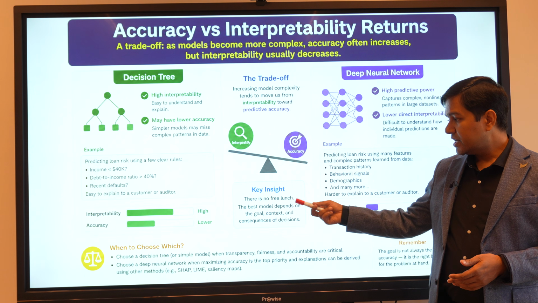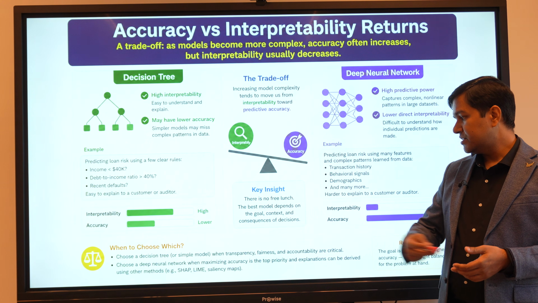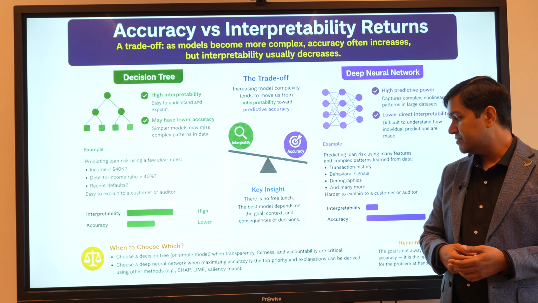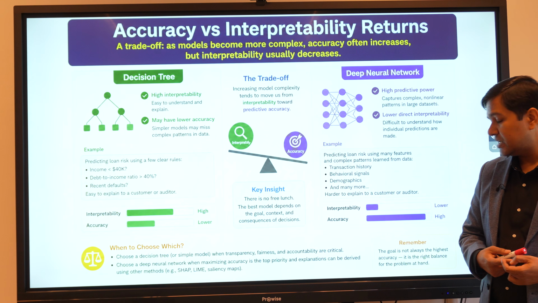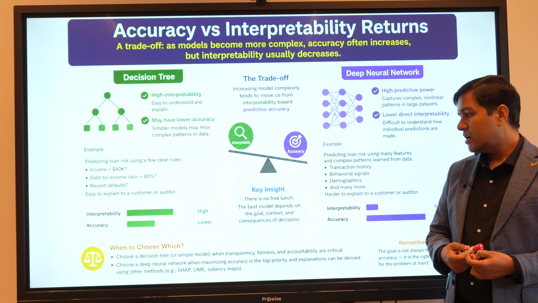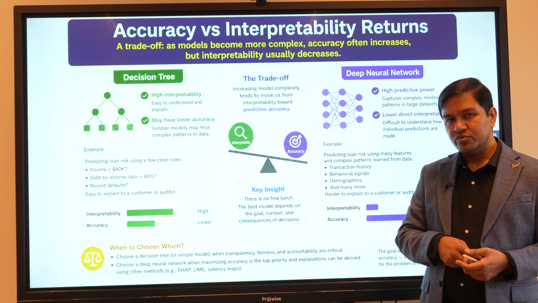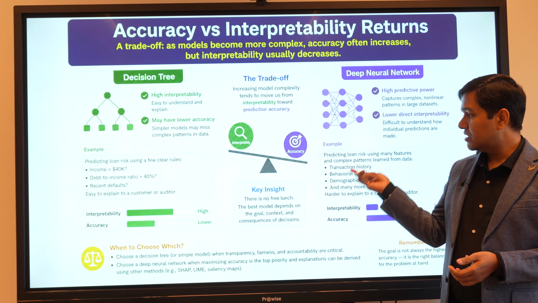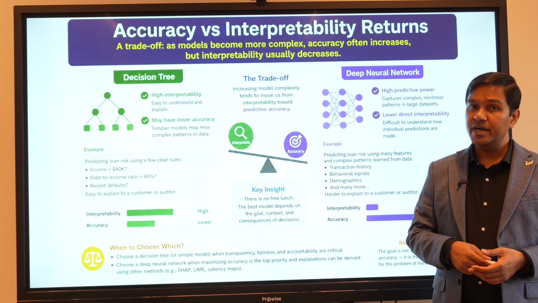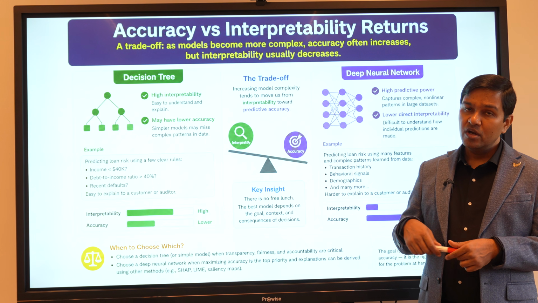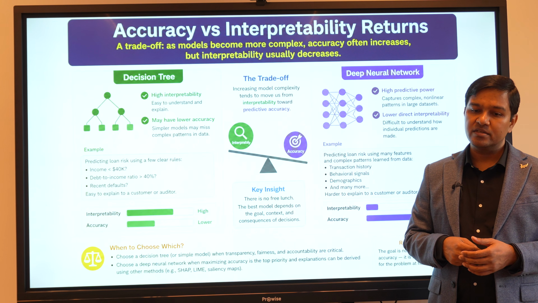So there is a question of when to choose what kind of technique. Decision trees can be chosen when we need very high transparency and accountability is critical. But if we have to use a deep neural network to maximize accuracy, then its limitation can be overcome by using external approaches for explaining the deep learning, for example the SHAP method, LIME method, or saliency map.